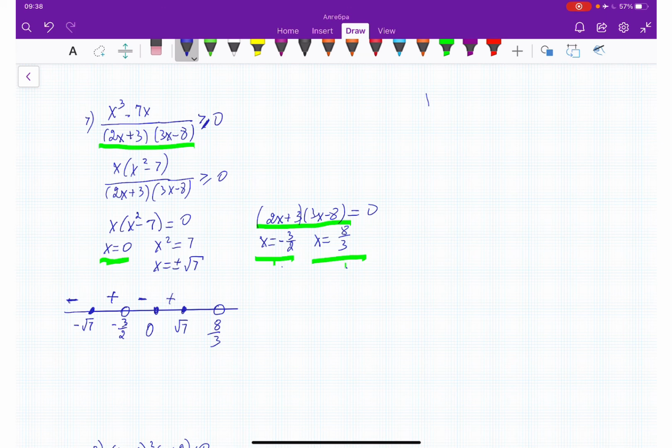And 8 over 3 is going to be negative. The end of that is positive. Look how it's going, it's like cosine. It's going to go like this. Yeah. Okay.